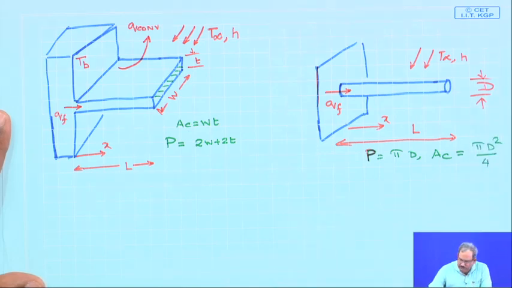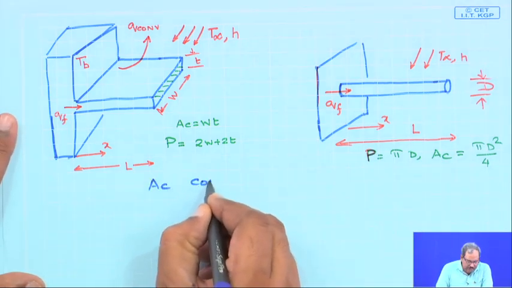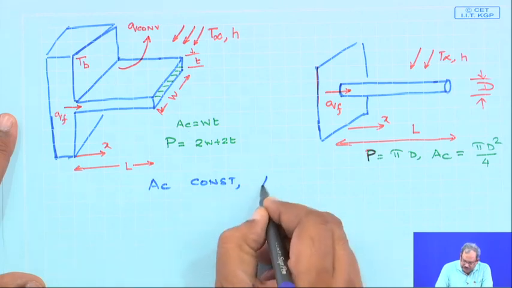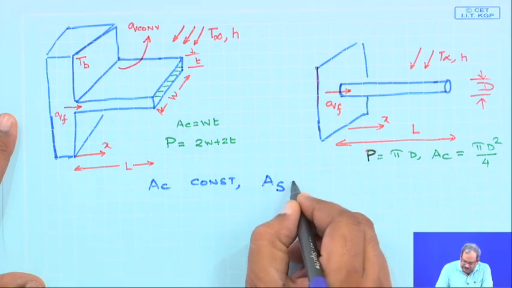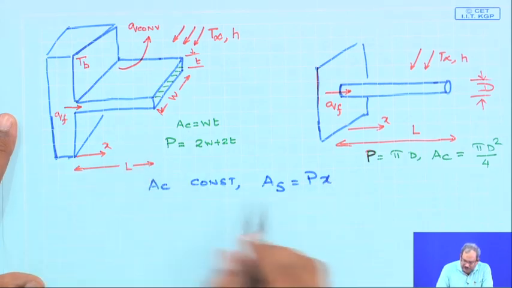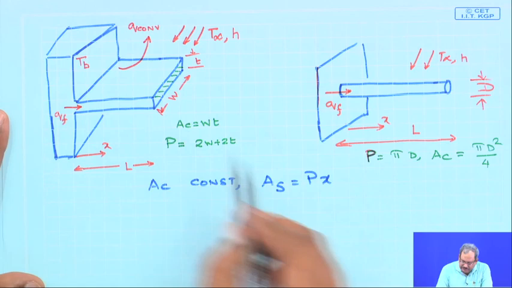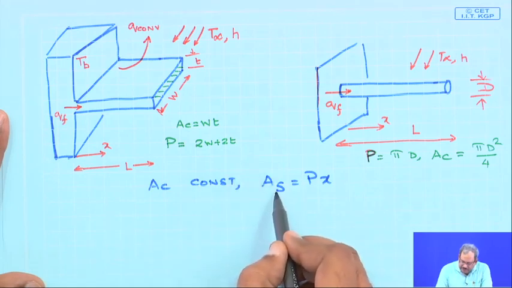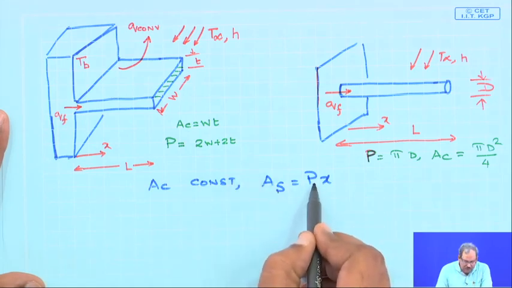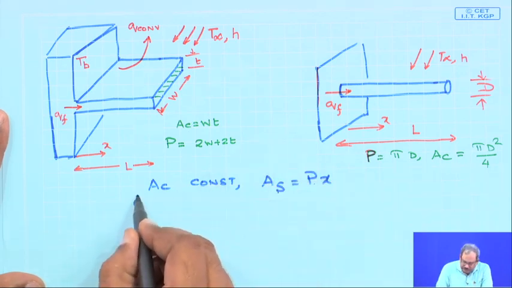Now, what we see is that AC is a constant. The surface area AS is simply going to be P times x. So, if I take a slice of the fin of length x, then the surface area available for convection would simply be equal to P times x. So, what are the implications of that?